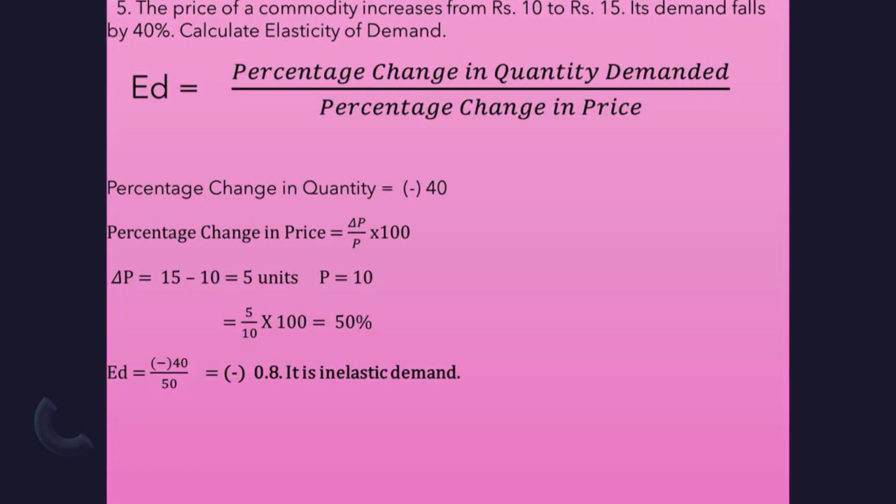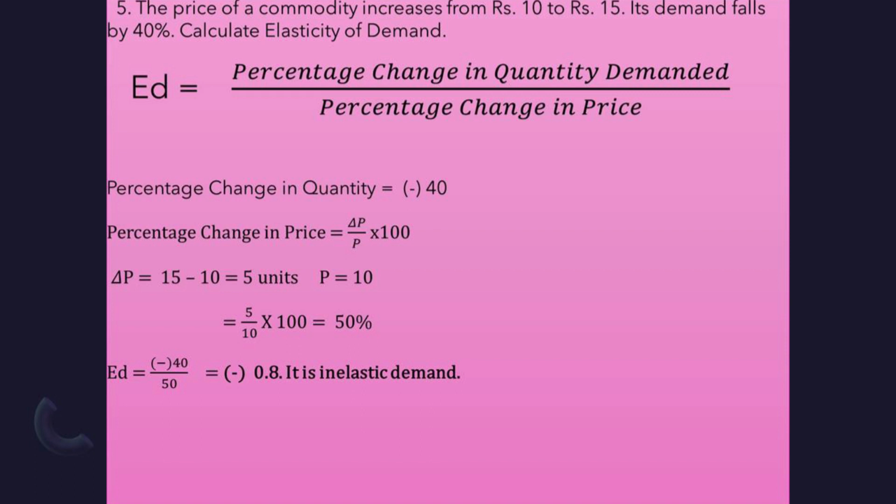The next is: price of a commodity increases from rupees 10 to rupees 15. Demand falls by 40%. Calculate elasticity of demand. Now let us have a look over here. Percentage change in quantity is minus 40. Percentage change in price will be calculated as delta P divided by P into 100.